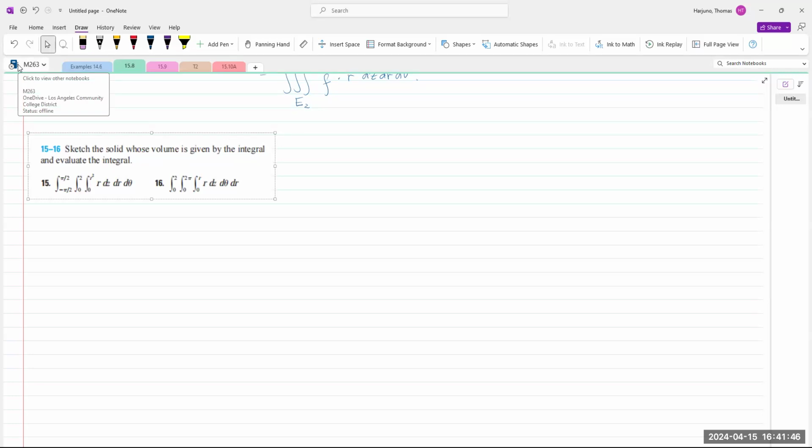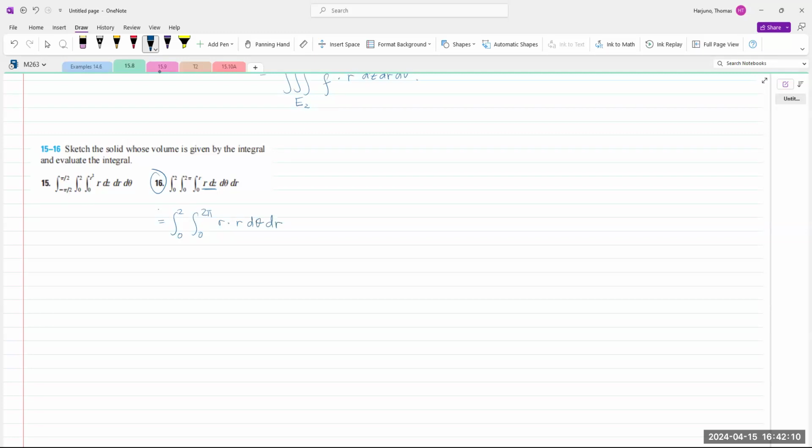Let's evaluate the integral first for number 16. This is equal to integral from 0 to 2, integral from 0 to 2 pi, and then r dz, that's independent of z, huh? So that's basically r times r d theta dr.